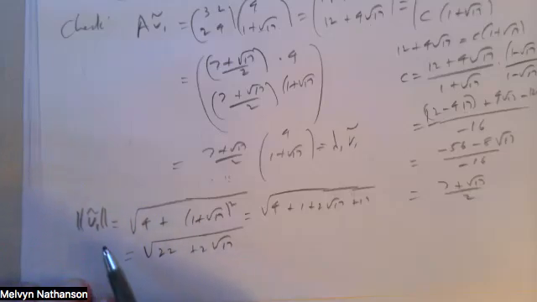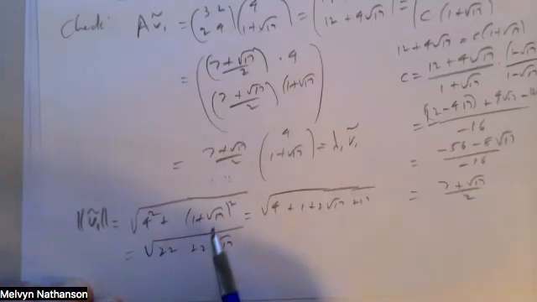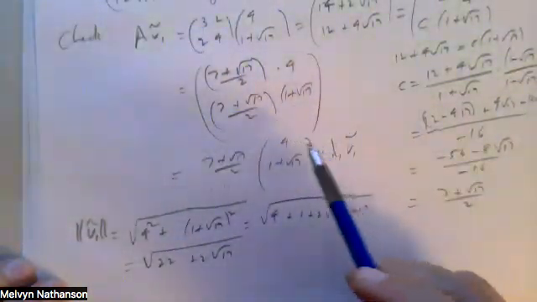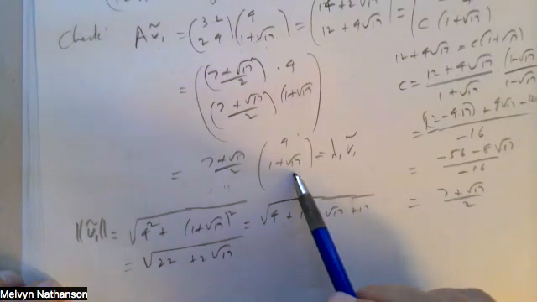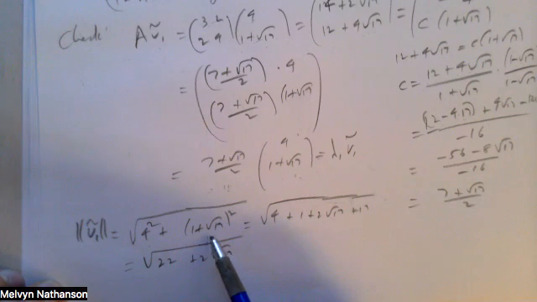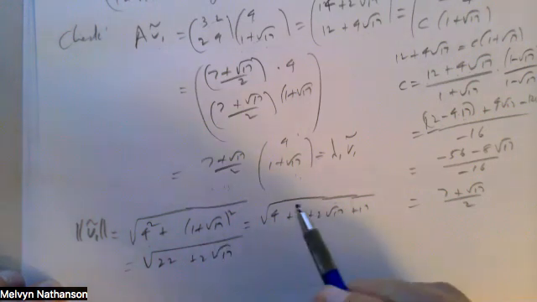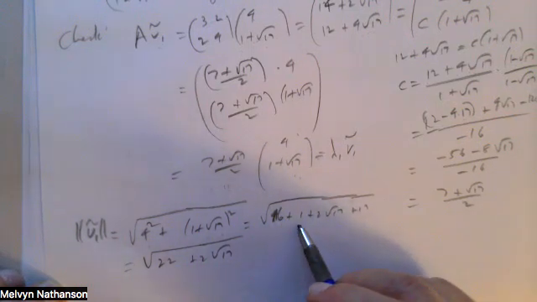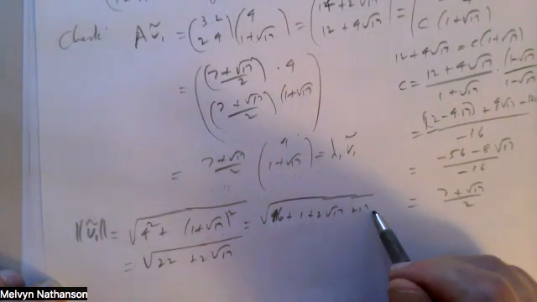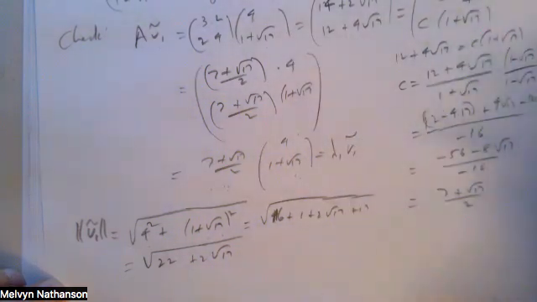Sorry, v1 tilde has coordinates 4 and 1 plus root 17. So the sum of the squares of the coordinates is 4 squared plus 1 plus root 17 squared. So this is 16 plus 1 plus 17 plus 2 root 17.